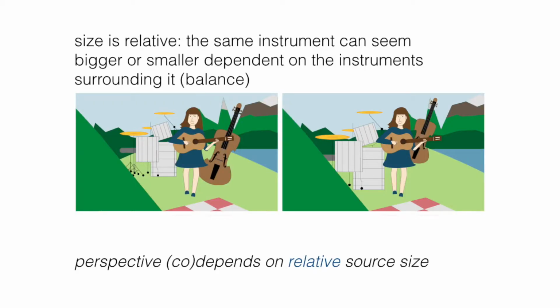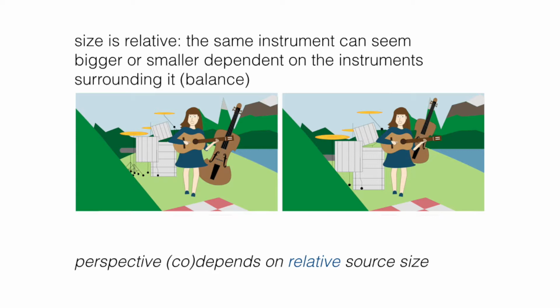Apart from physical size, relative size matters a great deal in how big a sound source seems to be. Maybe it's more important than actual physical size actually. We're talking about musical balance, so the elements surrounding a particular element determine how big that one element seems to be.